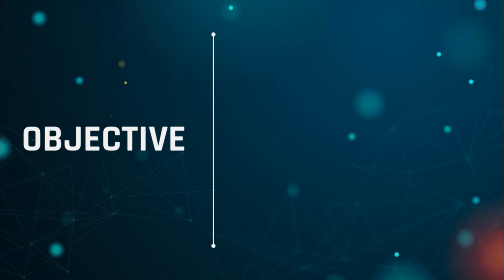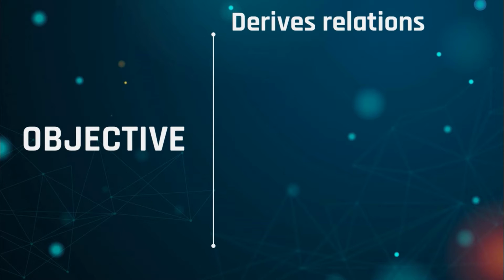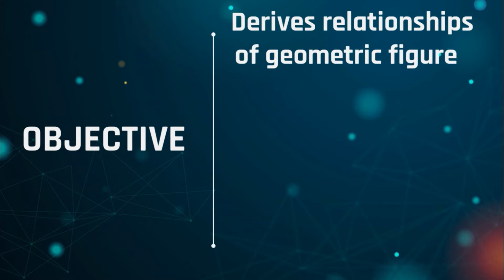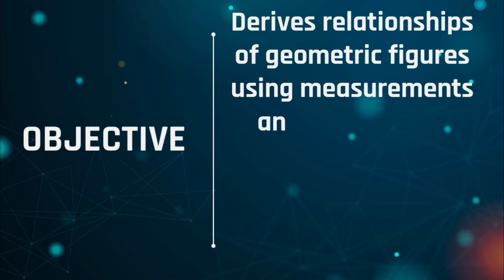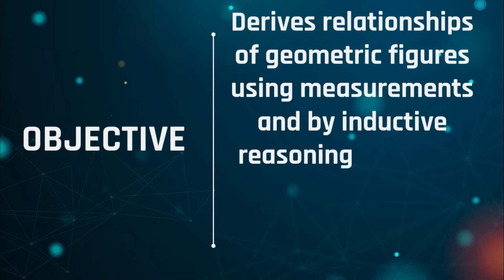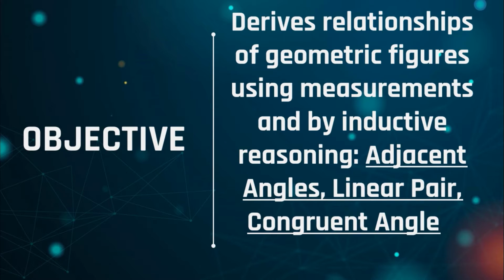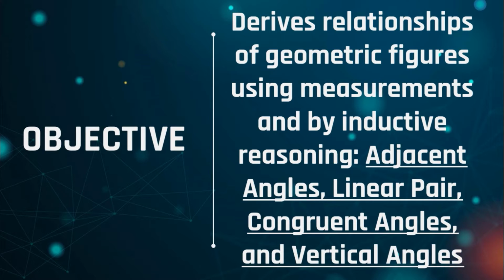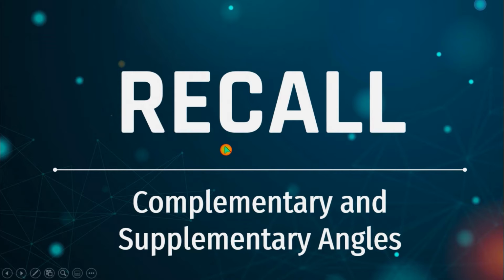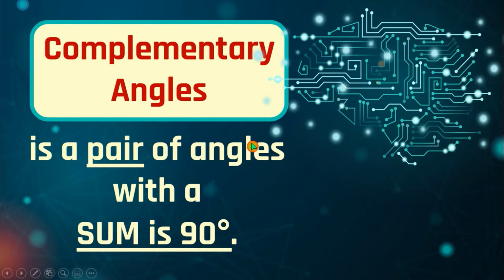Okay? So, the objective for today's video lesson is to derive relationships of geometric figures using measurements and by inductive reasoning about adjacent angles, linear pair, congruent angles, and vertical angles. Okay? So, just as a recall, let us discuss again the definition of complementary angles.